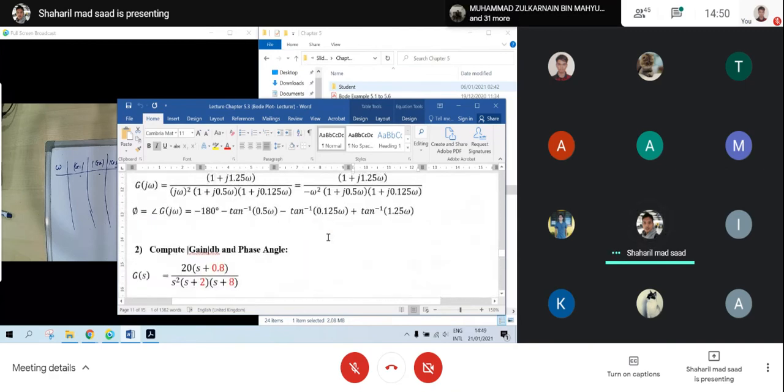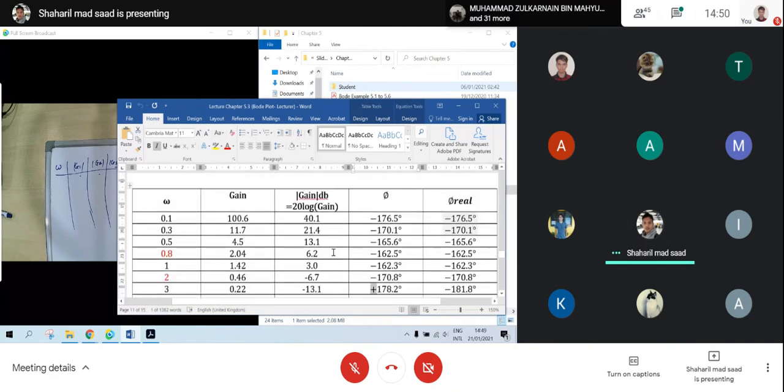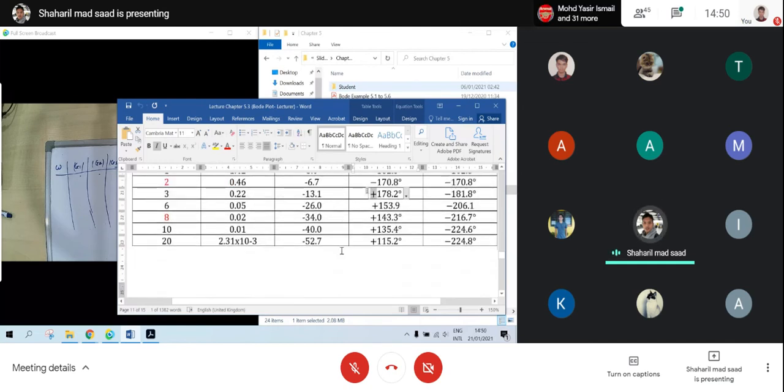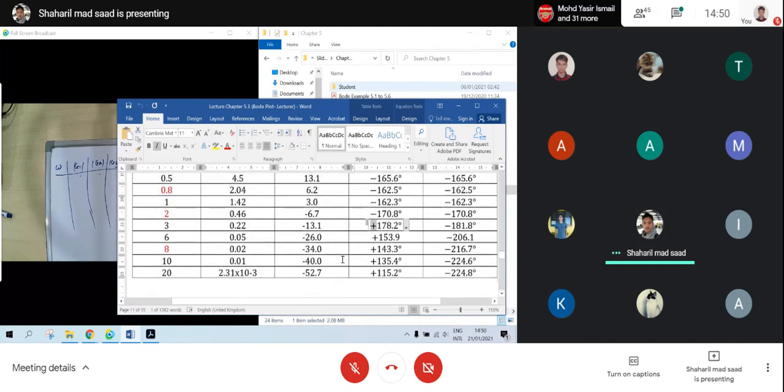Before that, did you get this note, right? The updated note. Did you get it? Control engineering.